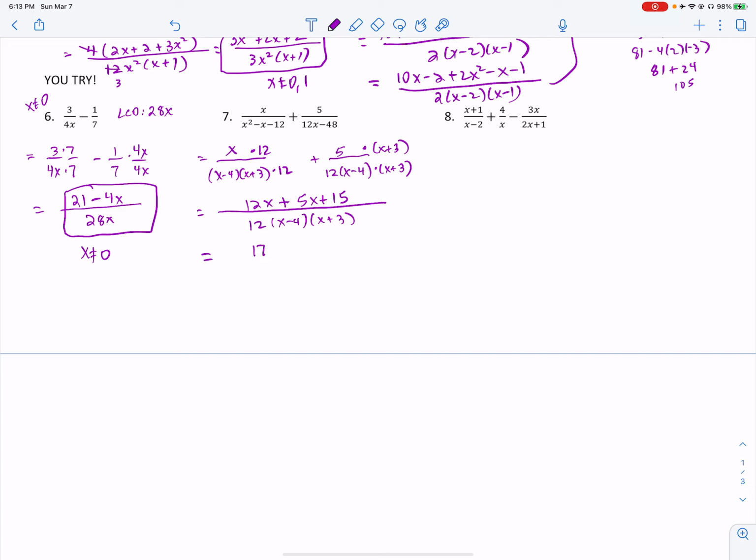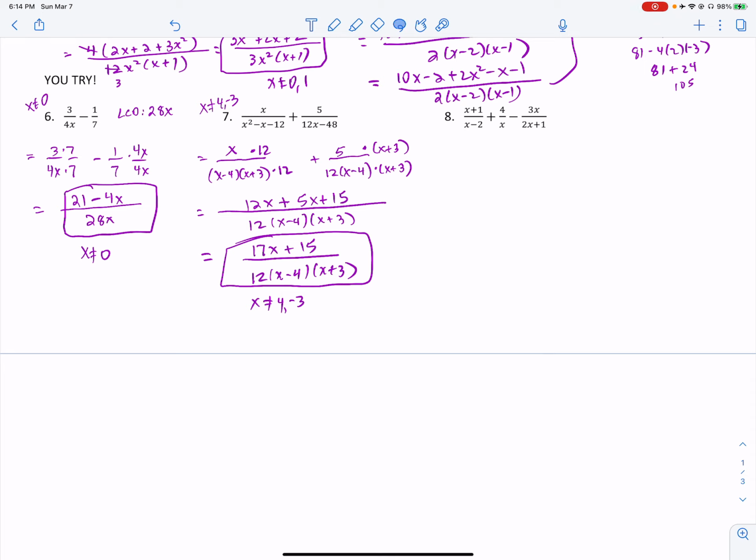And so we have a 17x plus 15 all over 12, x minus 4, and x plus 3. And there's nothing that I've canceled, and from the get-go, x could not be 4 or negative 3, and that's the same down here. So this looks good, just like that.